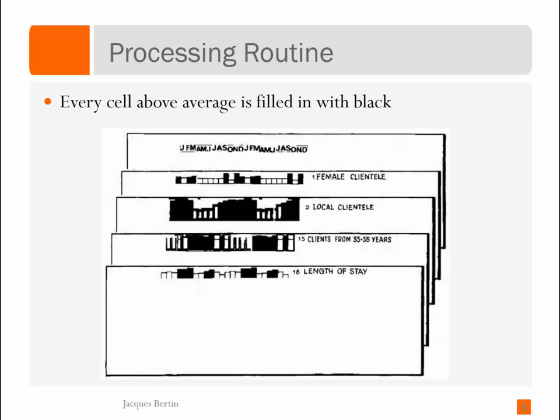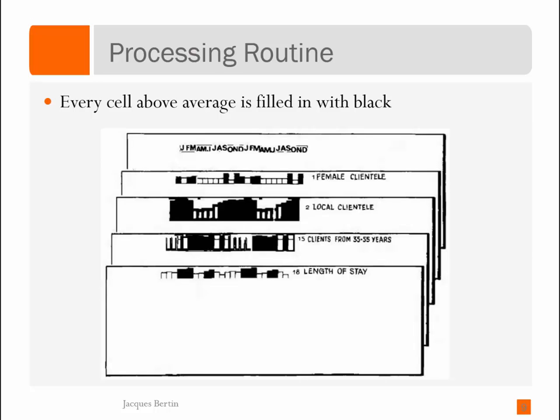And then the processing routine is a simple encoding of, for each cell, in place of its measure, we will instead either completely shade or black out that cell if the measure was greater than the mean. If the measure was less than the mean, we give the other option in a binary system, basically to leave it blank or open or null.